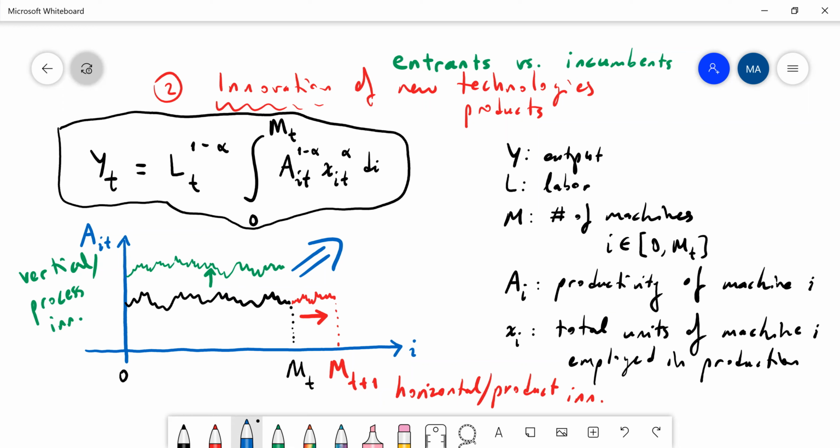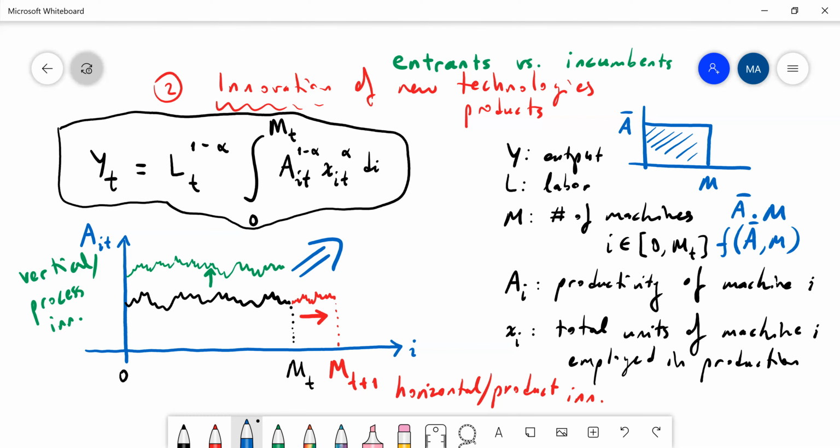If you want to find a measure of technological sophistication in an economy, you can perhaps approximate that through this rectangle. So there are M firms and the average productivity is A bar, so A bar times M, or some function of A bar and M, could be telling you something about the technological sophistication of a particular economy.